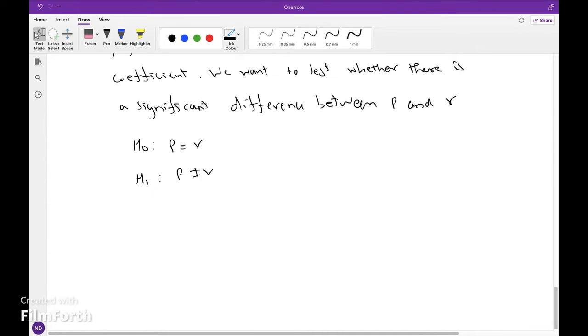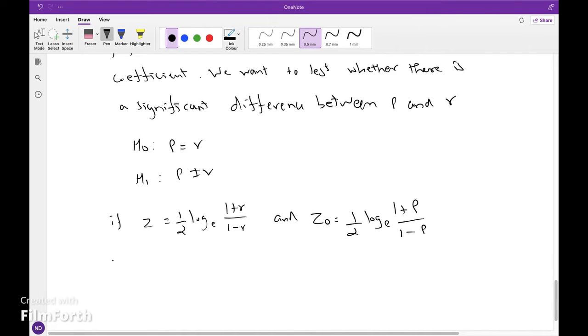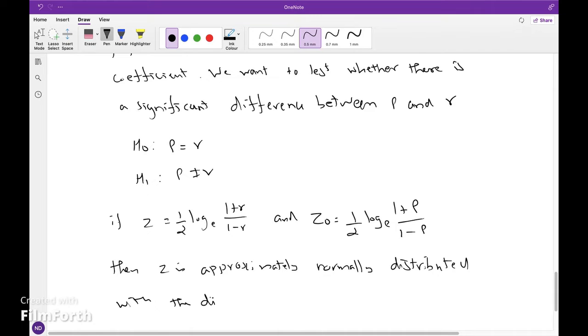But in this case, if Z equal to 1 by 2 log base e of 1 plus r by 1 minus r and Z naught equal to 1 by 2 log e of 1 plus rho by 1 minus rho, then Z is approximately normally distributed with the distribution N of Z naught comma 1 by n minus 3.